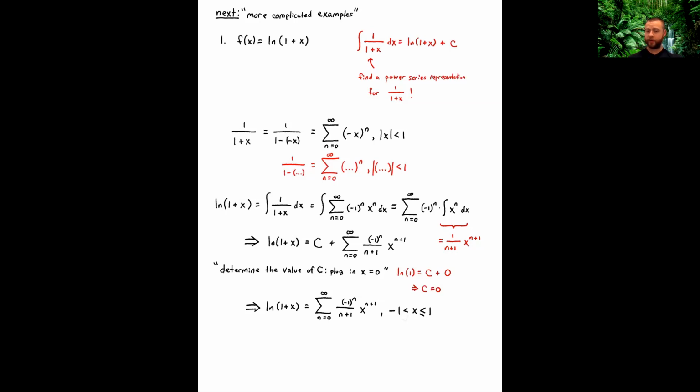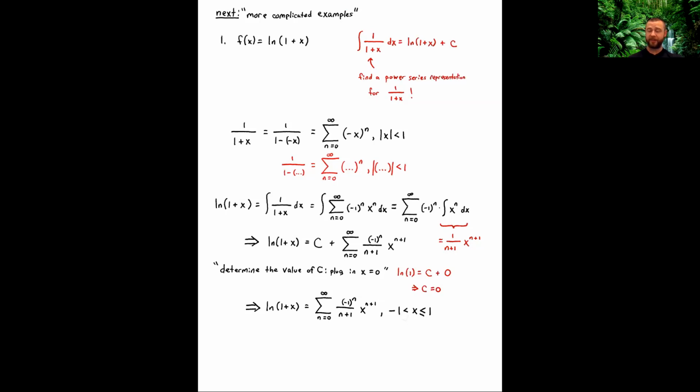Now be careful, notice the basic interval of convergence we found from our geometric series result was absolute value of x less than 1, which is equivalent to saying all values of x strictly between -1 and +1.